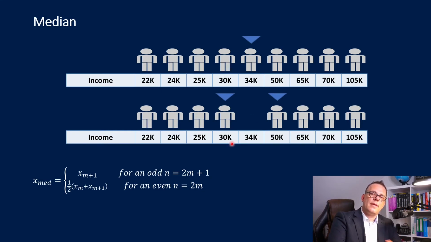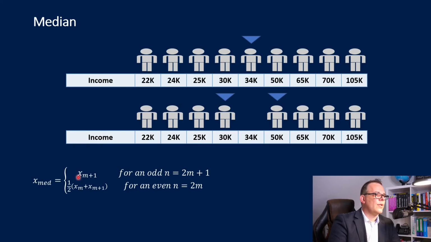If we want to write this in a mathematical form, we can calculate the median for an odd number n. An odd number n has 2 halves plus 1 person. The left half and the right half. So 2 times m plus 1. m is the size of one of those halves without the person in the middle.